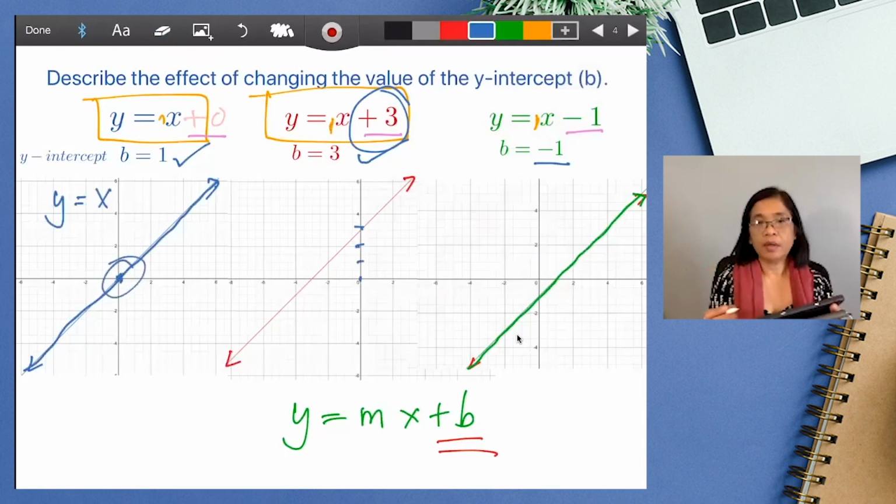This point here, or any point on the blue line, will be moved 1 unit down. So for any change in the value of b, it corresponds to a displacement. If it's positive, the graph will move up. And if it's negative, the graph, the parent function, will move down.